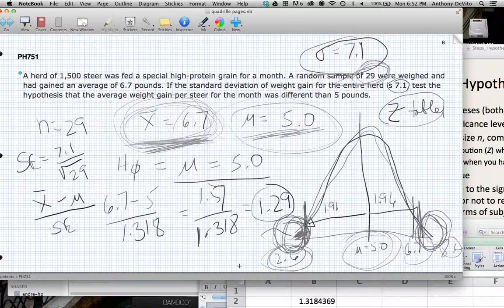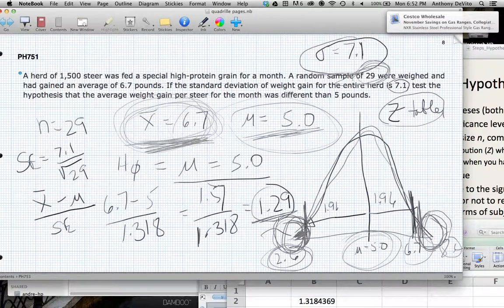Okay. So now what percentage of the time would I get a value as high as 1.7? Well, that's only 1.29 standard deviations difference, right? So how often would that occur if the real population mean of this group of steers was really 5?